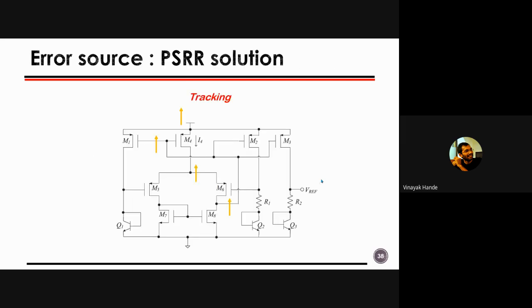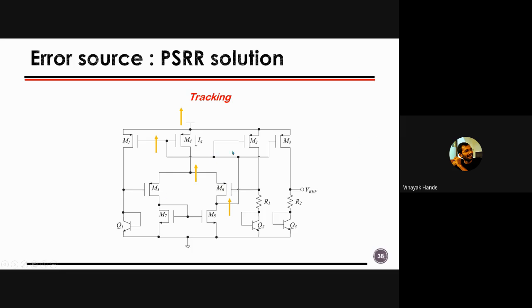Some other techniques are also there. I'll just tell you orally: in the end, what we have to do is, if there are some variations on the supply voltage, they should not leak to the reference voltage. One solution is this tracking, and another solution is providing shielding, right?